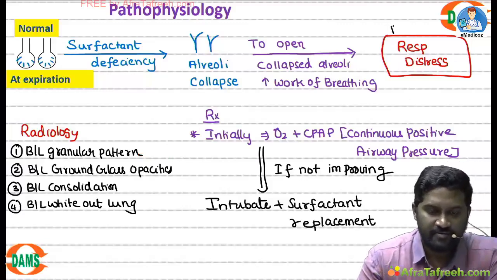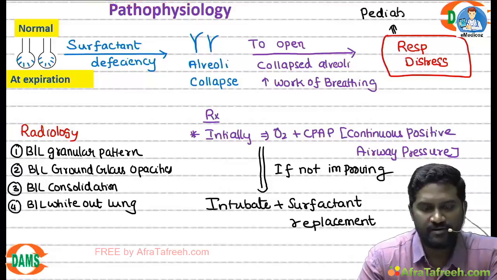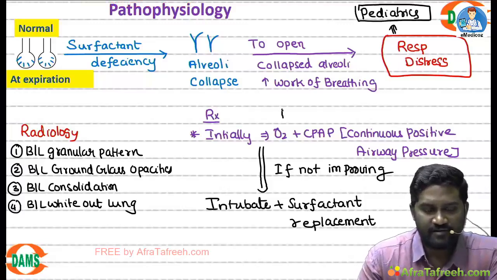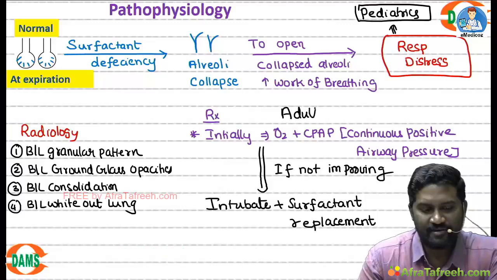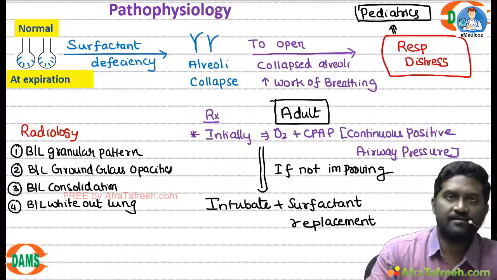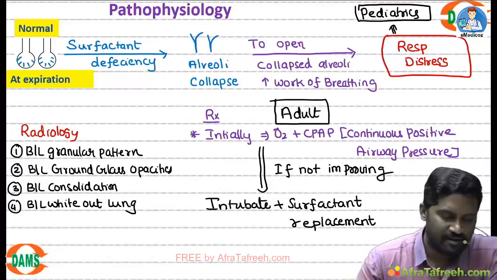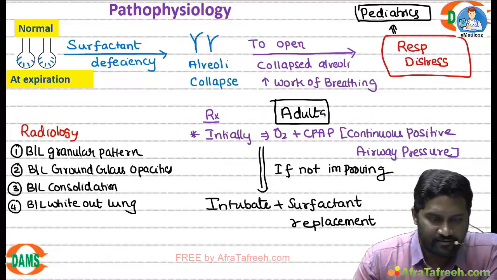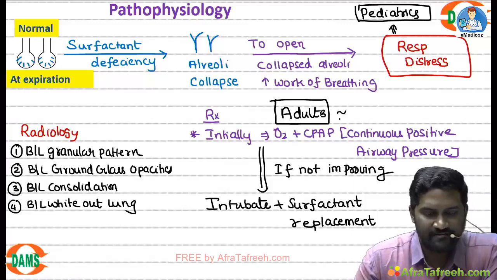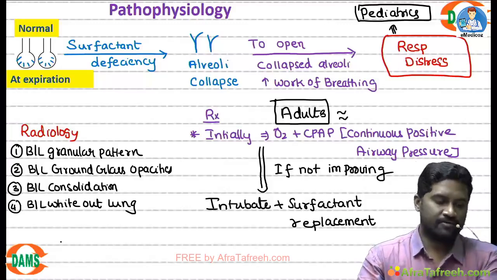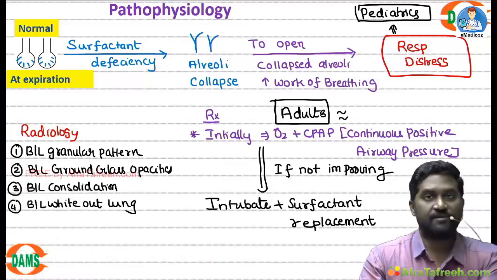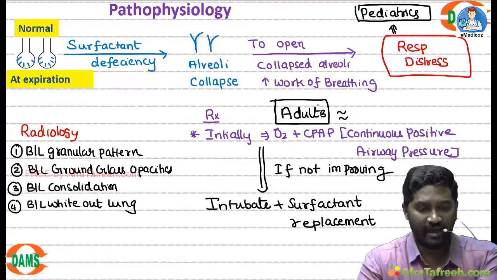Even though this is a disease that we are going to see in a pediatric population, why did I discuss it in adult respiratory medicine? I am the person who is dealing with adults. Because in adults also there is a disease with similar presentation. Can you guess what this disease is, students? ARDS.